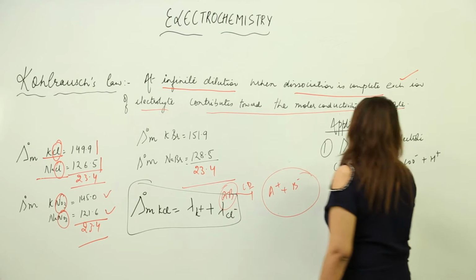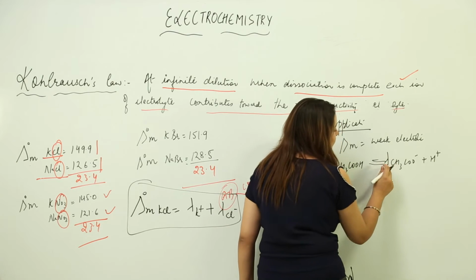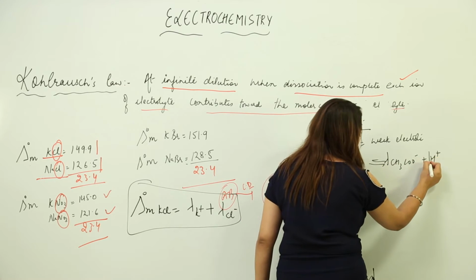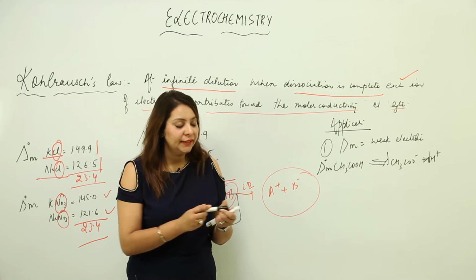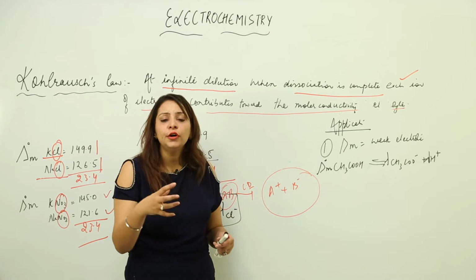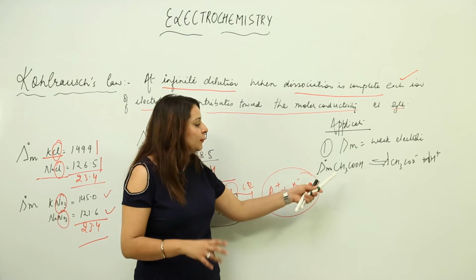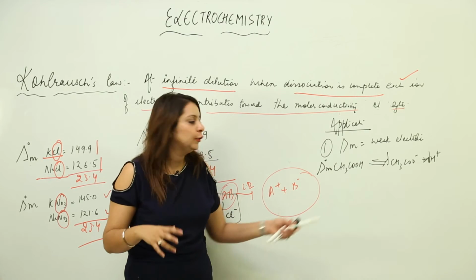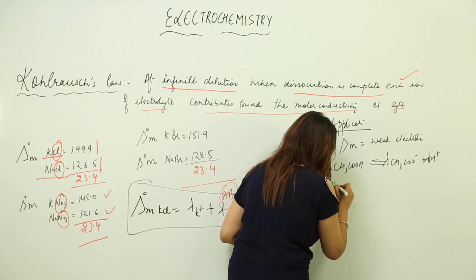So if I need to write the molar conductivity of CH3COOH, I will write the contribution of lambda CH3COO negative plus lambda H positive. Now how are you going to get the conductivity for this? For this, take up 3-4 electrolytes which have at least one ion common with CH3COOH. Let's take a few examples. Let's take NaCl.